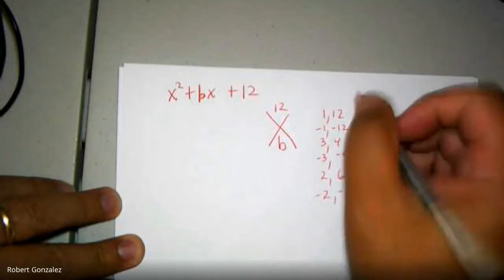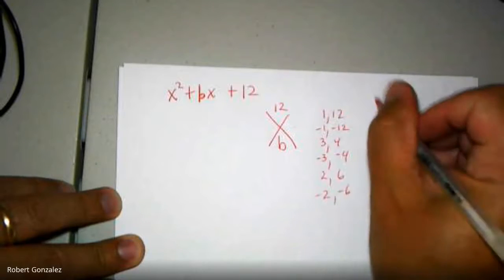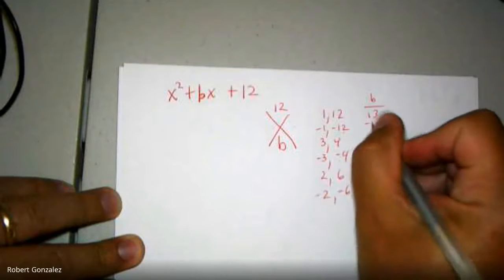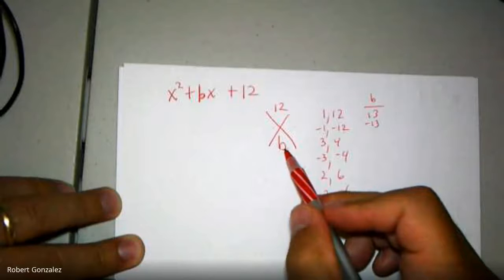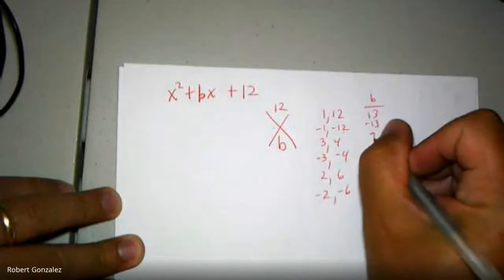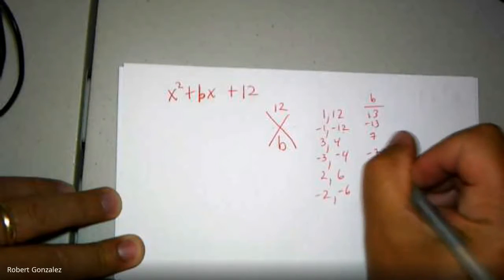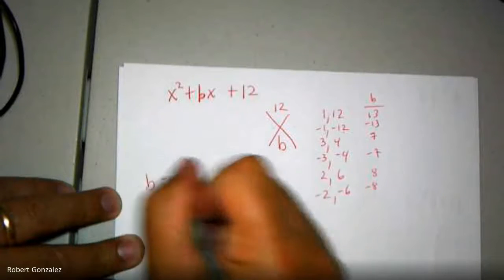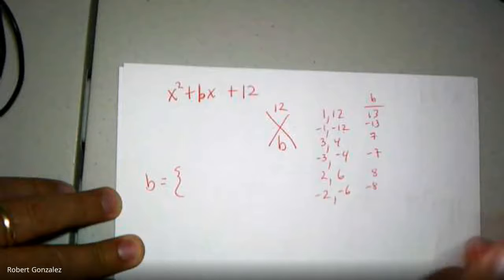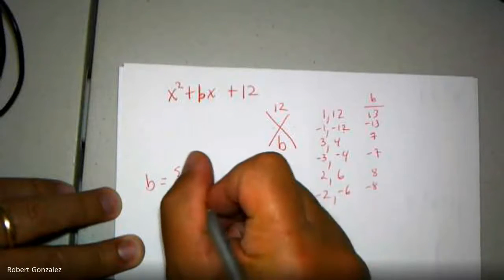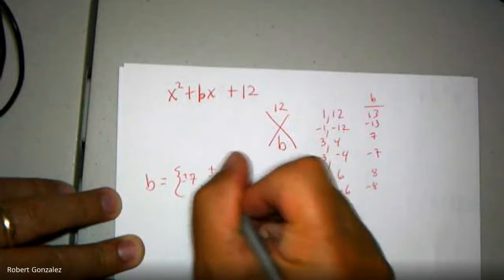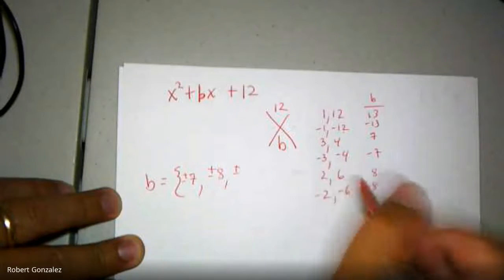Well, 1 plus 12 is 13. -1 and -12 is -13. Remember, down here is the sum. 3 plus 4 is 7, and then -7, 8, and -8. So b can be any of this set: plus or minus 7, plus or minus 8, and plus or minus 13.